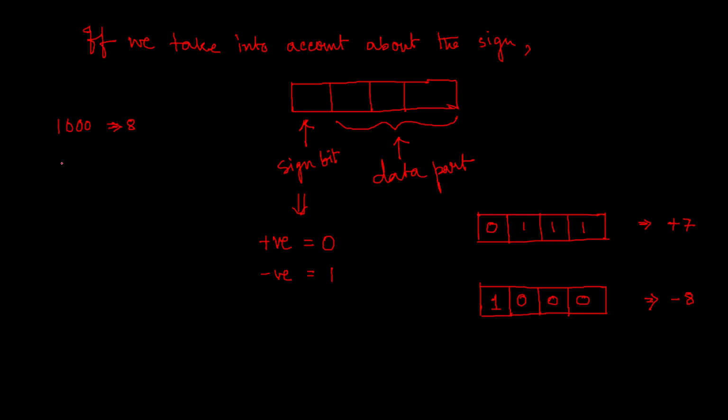If you do the 2's complement, that means 0 1 1 1 and again adding a 1, it becomes 1 0 0 0, which represents -8. So the minimum value that I can store is -8.